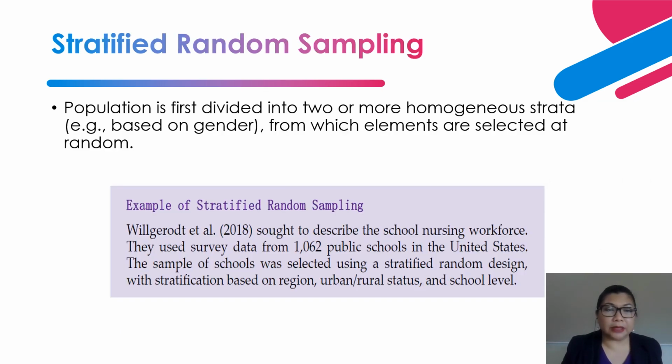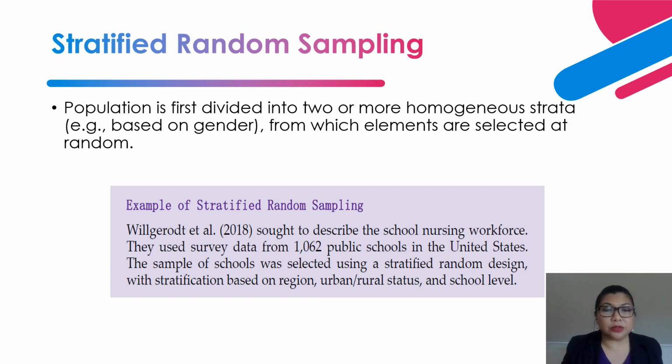Stratified random sampling, the population is first divided into two or more homogeneous strata. That means they're almost the same, maybe based on gender or age or ethnicity, from which elements are selected at random. So for example, here they sought to describe the school nursing workforce, and they used survey data from 1,062 public schools in the United States.